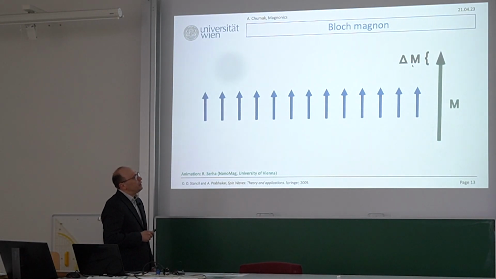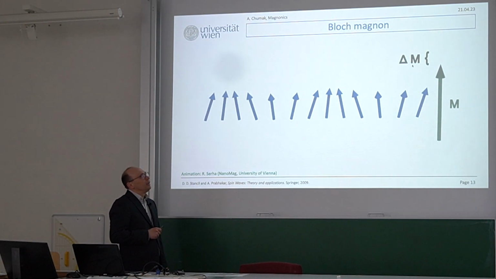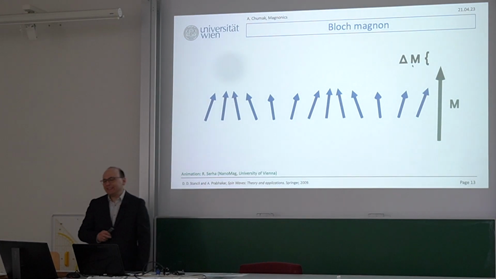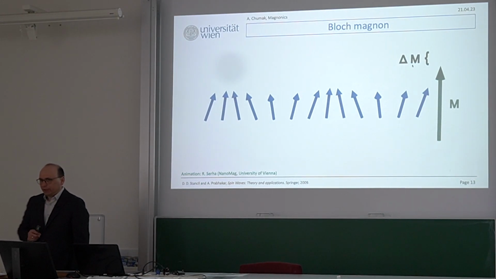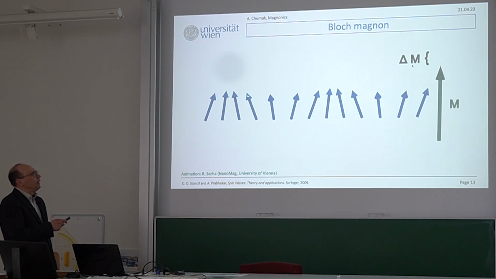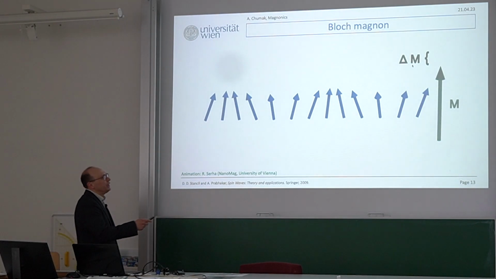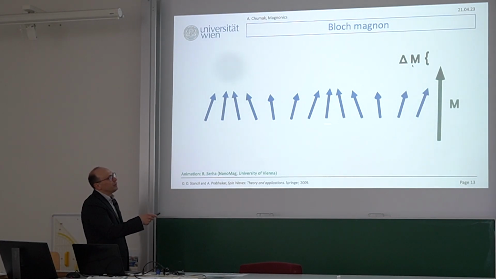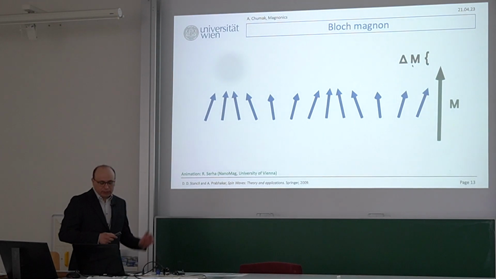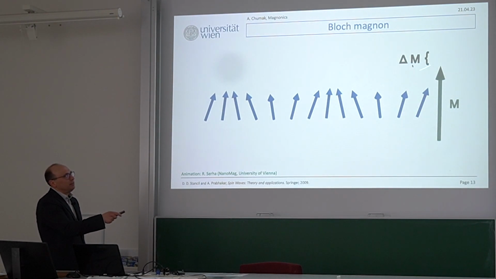Therefore, what happens in reality is that all spins will be slightly tilted, like it's shown here, and the tilt angle will be such that each of them slightly decreases its magnetization, but in a way that when you sum the projections of all these spins to this original axis, the difference in magnetization will be exactly the same as in the previous case.